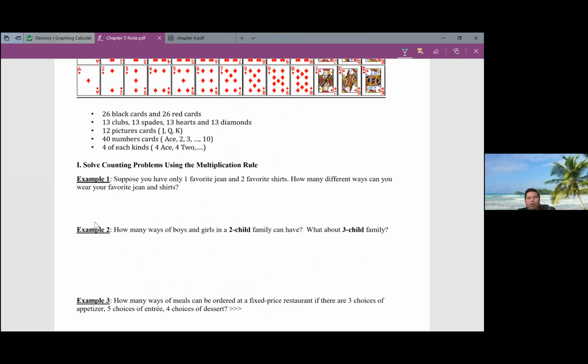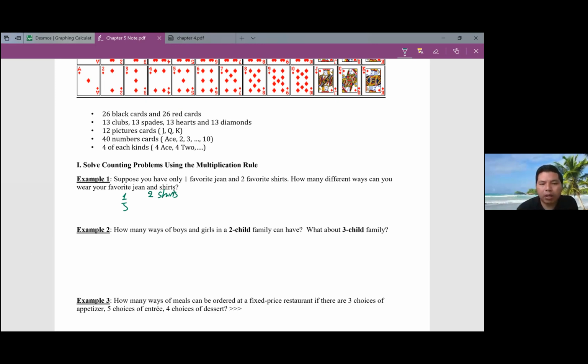How many different ways can you wear your favorite jeans and shirt? I'm starting with something very simple so we can see the logic behind it. We have 1 jeans and 2 shirts.